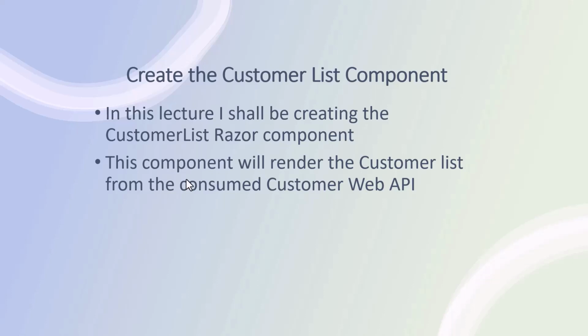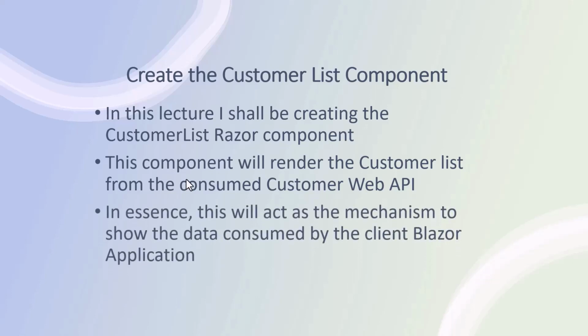This project is basically to consume the customer web API that was created in the first project of this solution, and this Blazor application will also do all the pagination. So this customer list will act as the mechanism to show the data consumed by the client Blazor application. Let's flip over to Visual Studio and start coding.